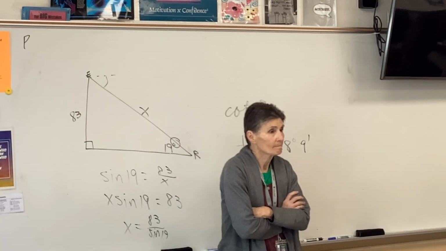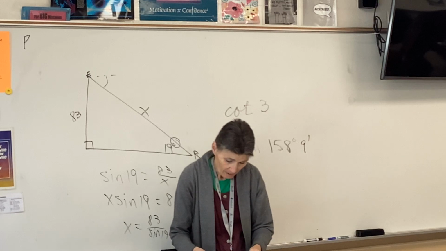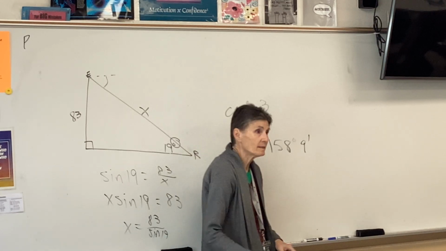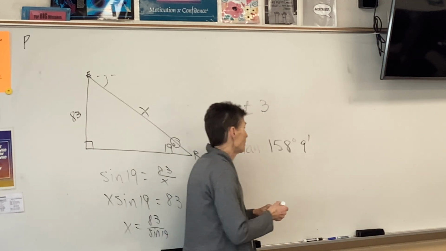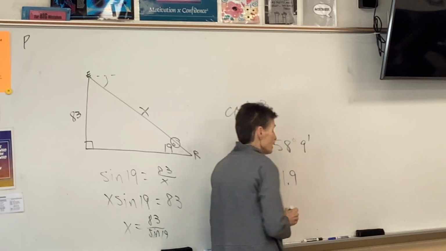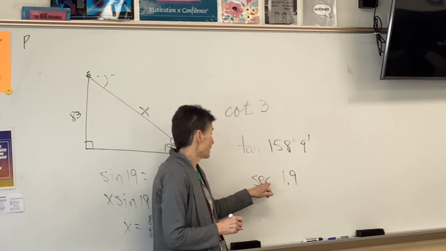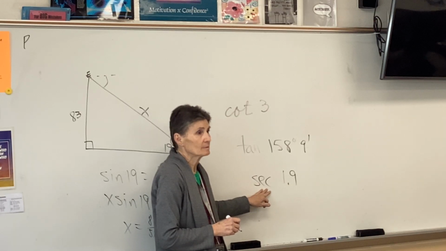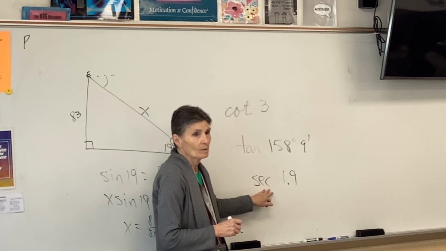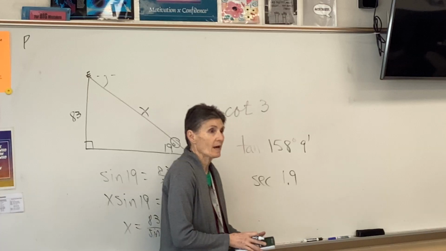Could we do B for that as well? Secant 1.9. That is Jimmy's question almost exactly. Secant 1.9, that is a radian measure. I don't have a secant button, so I'm going to do 1 divided by cosine 1.9, but I'm going to have to be in radian mode when I do that.